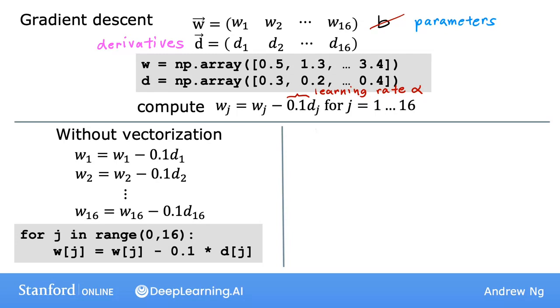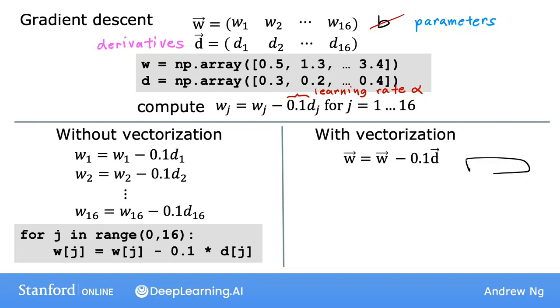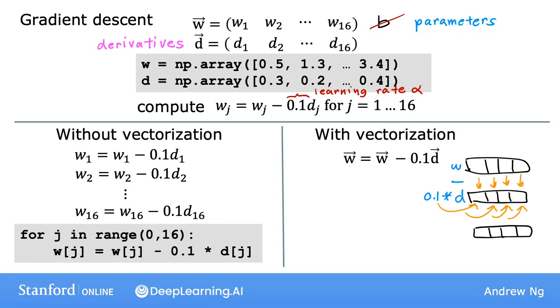In contrast, with vectorization, you can imagine the computer's parallel processing hardware like this. It takes all 16 values in the vector w and subtracts, in parallel, 0.1 times all 16 values in the vector d and assigns all 16 calculations back to w, all at the same time and all in one step.